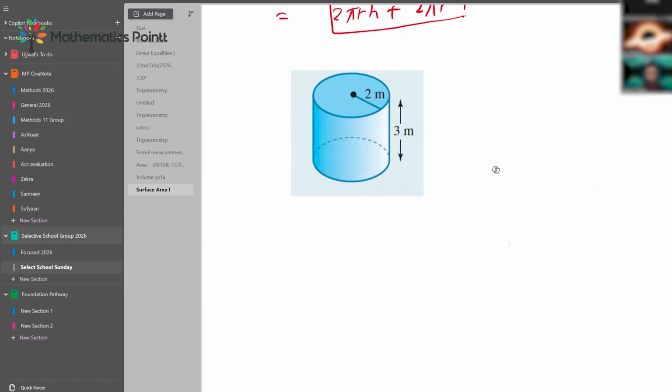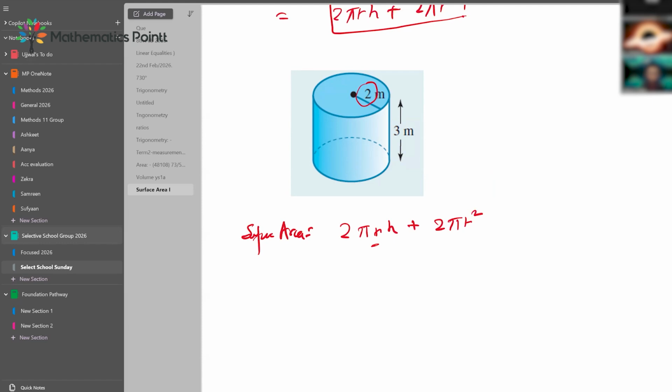The moment I see a cylinder and I'm asked to find the surface area, I should know the formula first. So the formula is surface area is 2 pi r h plus 2 pi r square. So I need the radius and the height. That's about it.